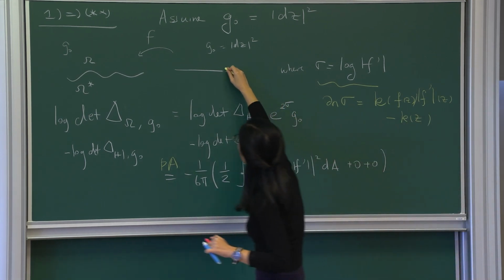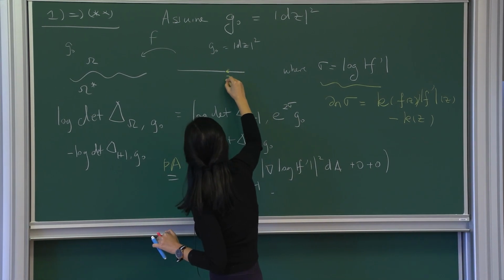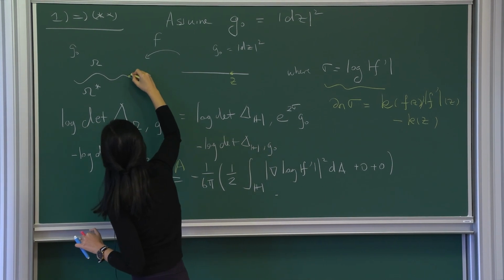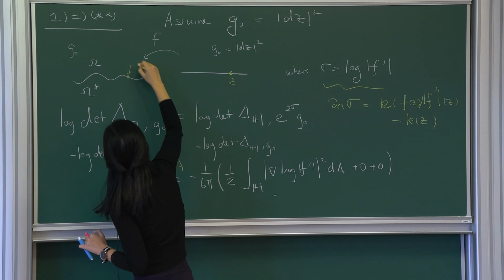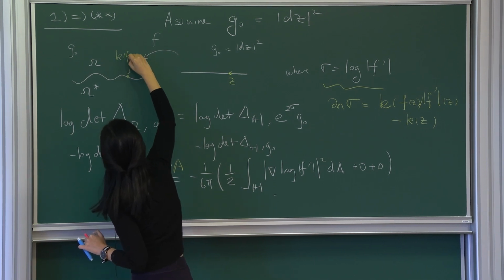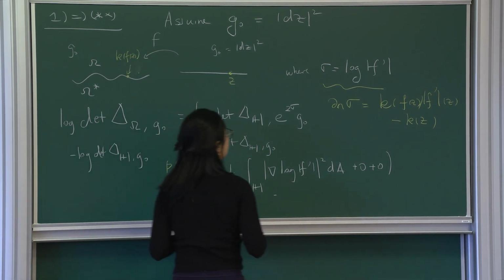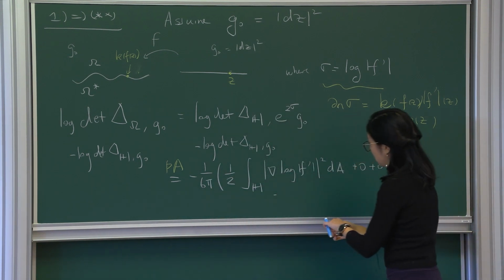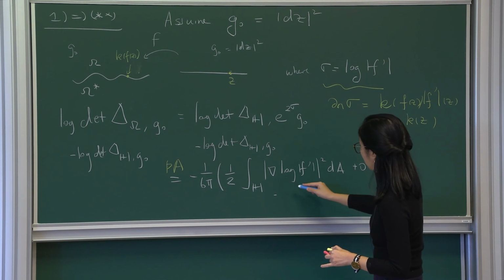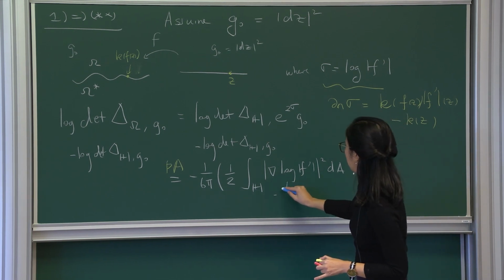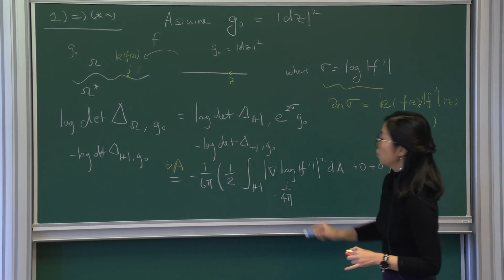So here, z is here. The curvature here is k of f of z. All right, and here there will be minus 4 pi.